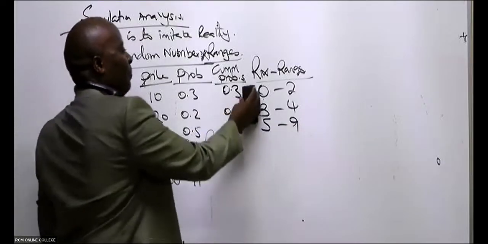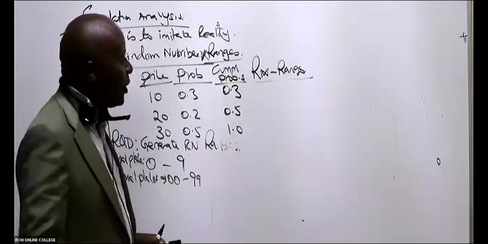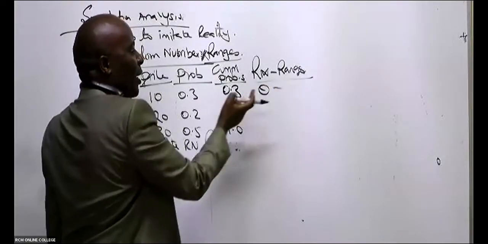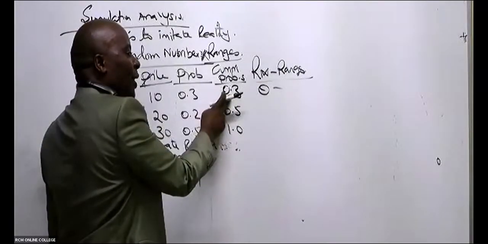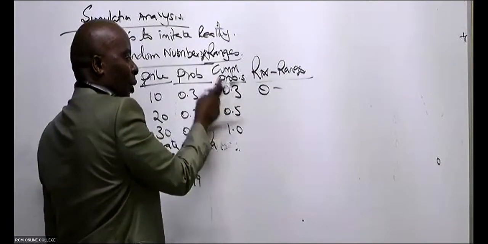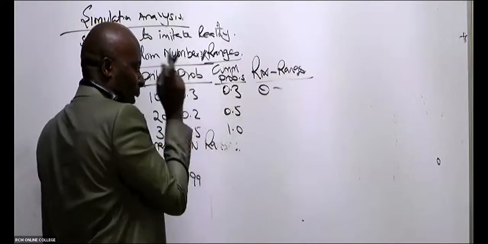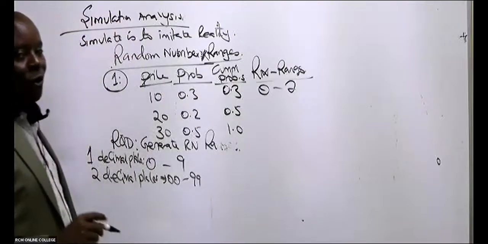Let me repeat this. How do we get these random number ranges? You have to begin from 0. Then the upper limit: you read this from the cumulative probabilities as if it's a whole number. It's 3. And to get that upper limit, we shall always take this number minus 1. So 3 minus 1 gives me 2. Then we go to the next class.